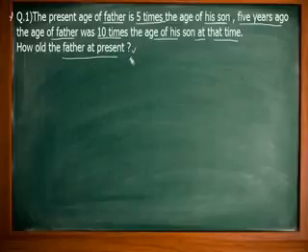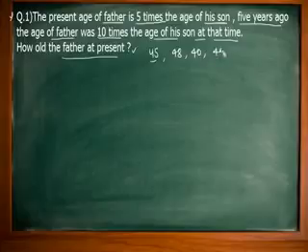This is your question. And guys, how can you approach such kinds of questions? Your options are 45 and 48, and the next are 40 and 49. First of all, solve it yourself if you can. If you are new and you can't solve this question, then I'm solving it on your screen right now.